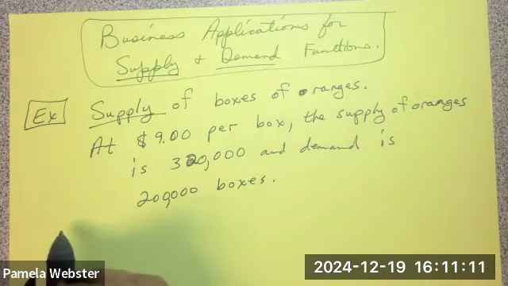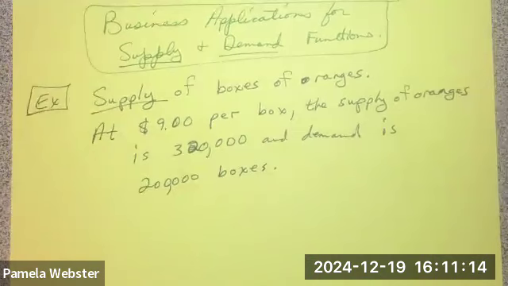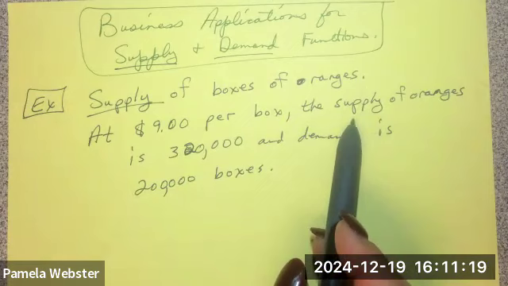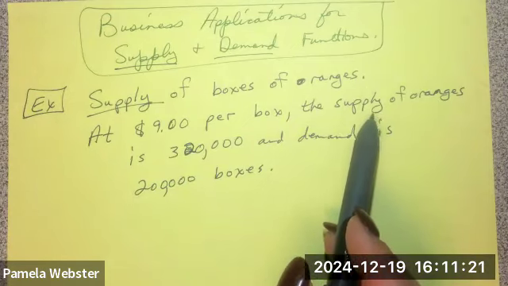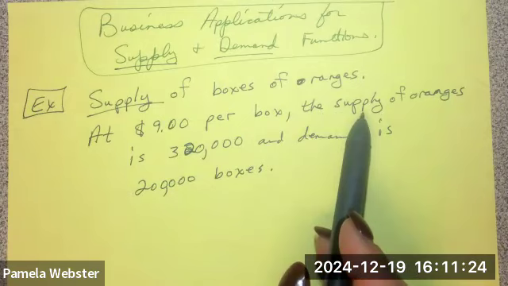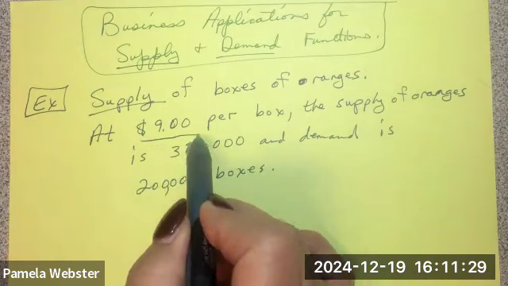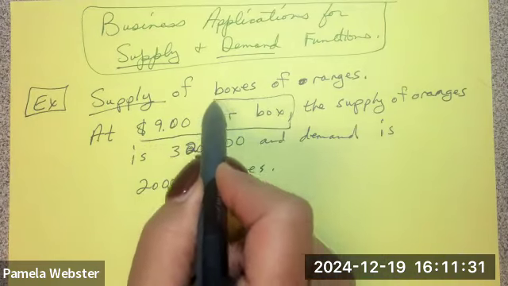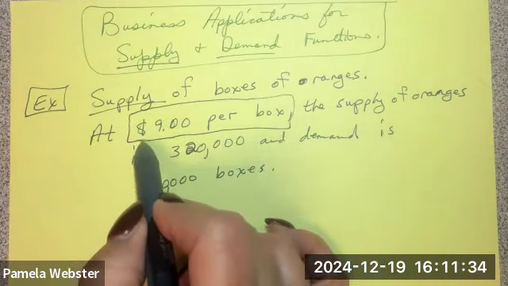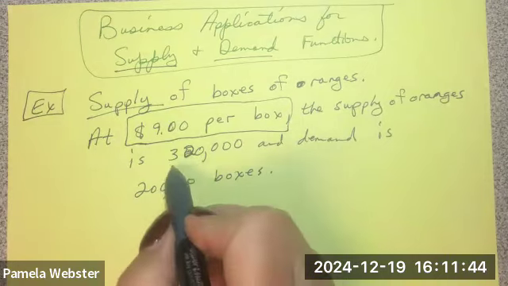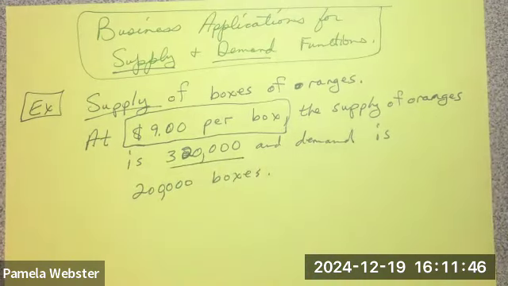So what does this mean? How are they finding these numbers? What they did is they went out and they talked to the people who were supplying the boxes of oranges. That's people who picked them or got them off their farms or whatever they did. And what they're saying is, if we set the price at $9 per box, because it's an open market, so people get to decide what they're going to charge for these things, then I, as the supplier, am willing to provide 320,000 boxes of oranges.